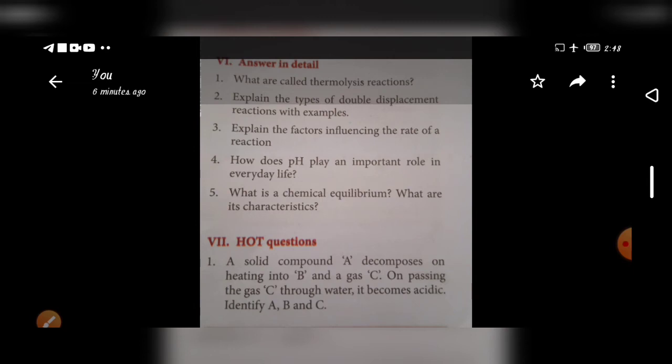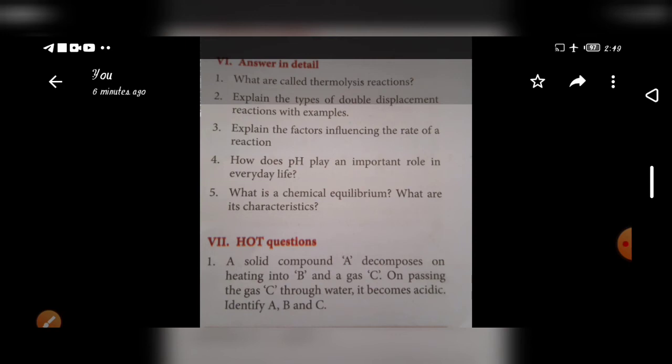Next, fifth question, that is, what is chemical equilibrium and what are its characteristics. See here, page number 146, state of equilibrium 10.3. Down in black letters it is given. Chemical equilibrium is a state of reversible chemical reaction in which no change in the amount of the reactants and products takes place at equilibrium.